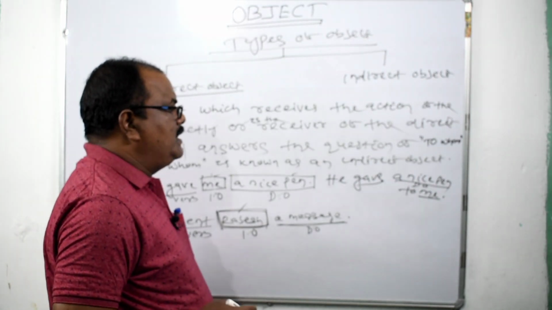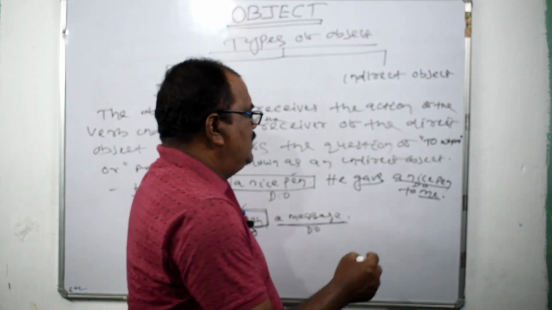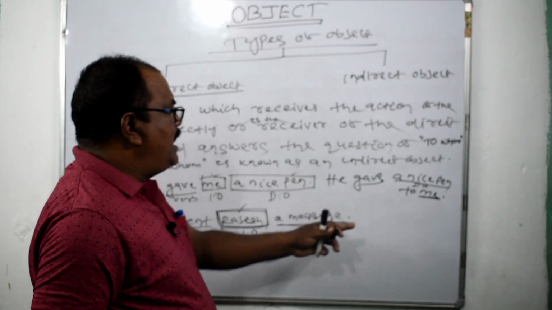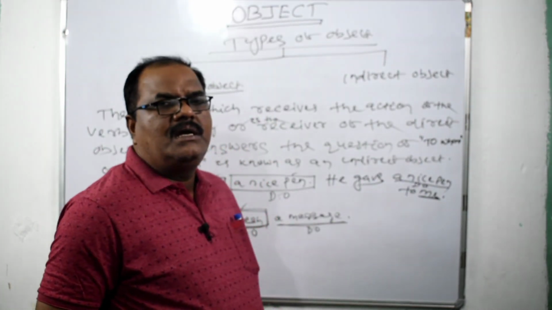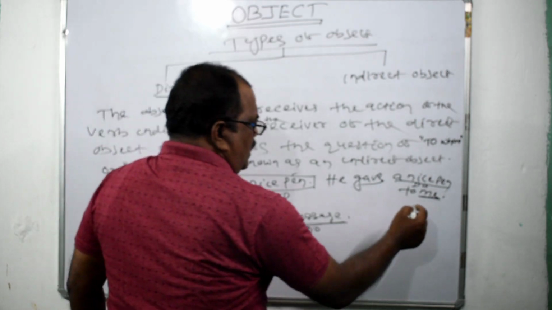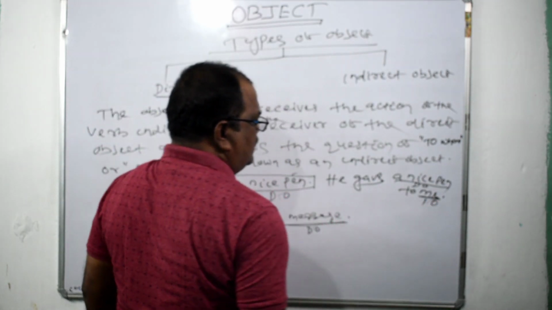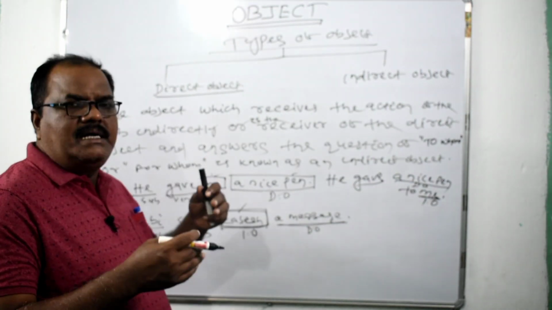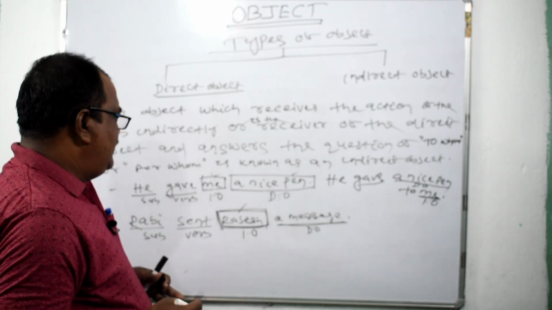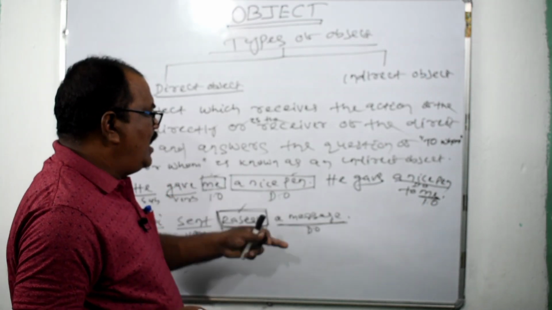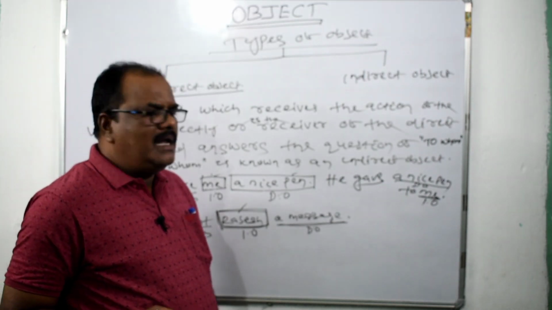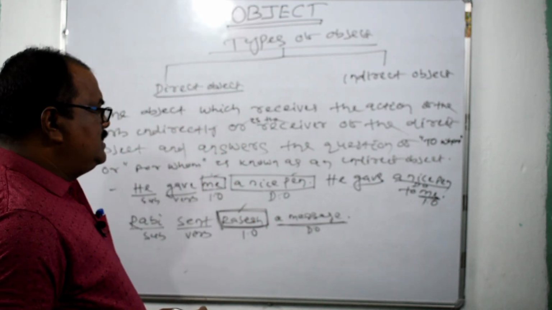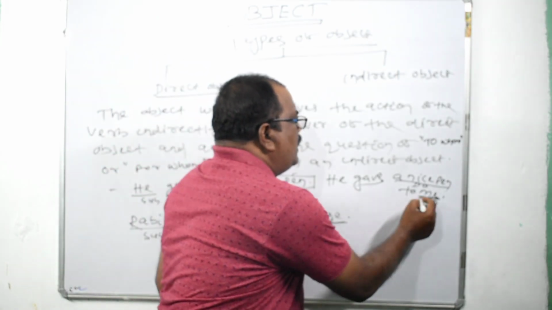He gave a nice pen to me. This part answers the question of whom, and this part is the receiver of the direct object. So, this part is known as the indirect object. When we alter the position of the direct object and indirect object, if the direct object comes first, then the indirect object comes as per the rule of grammar, as per the meaning of the verb and sentence. The preposition to or for is used before the indirect object.